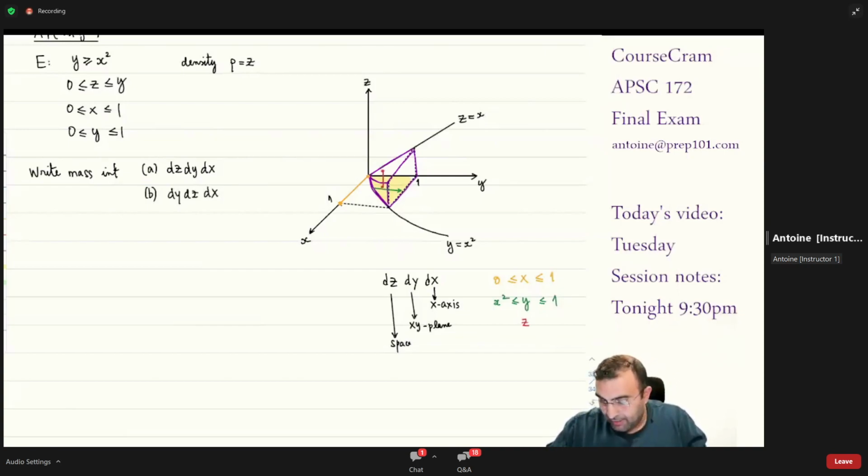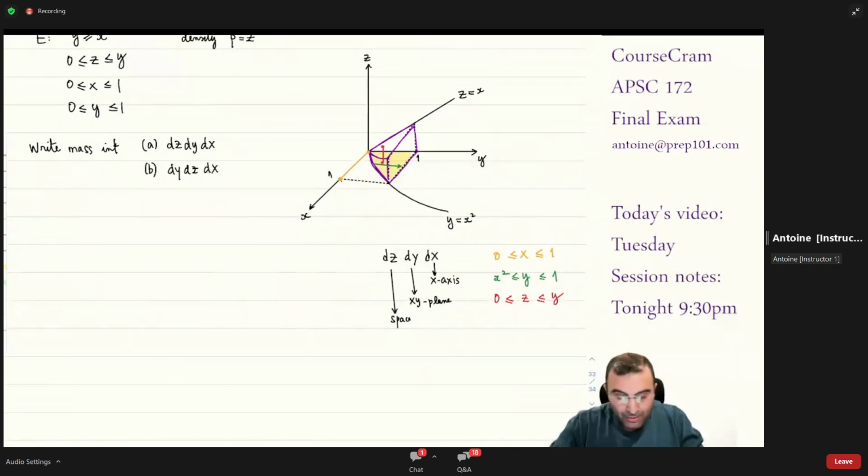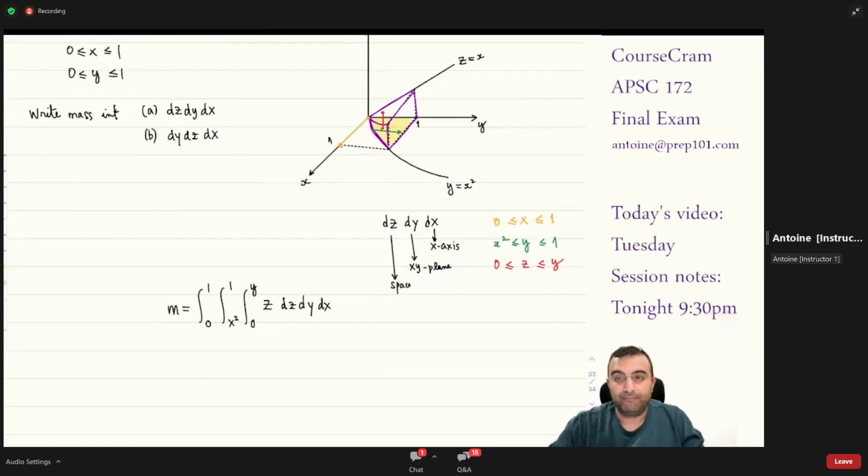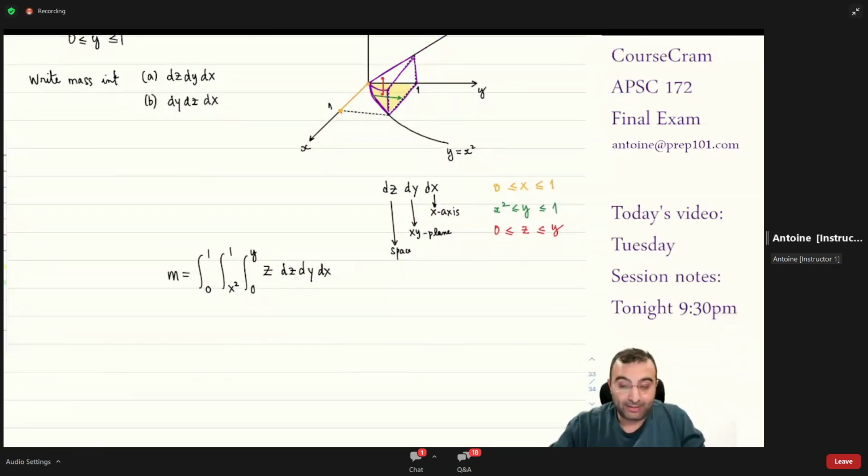So z starts at the bottom and it goes to z equals 1. So if you want to write the mass integral, this is the integral from 0 to 1, the integral from x squared to 1, the integral from 0 to y of the density z, dz, dy, dx. Fantastic.